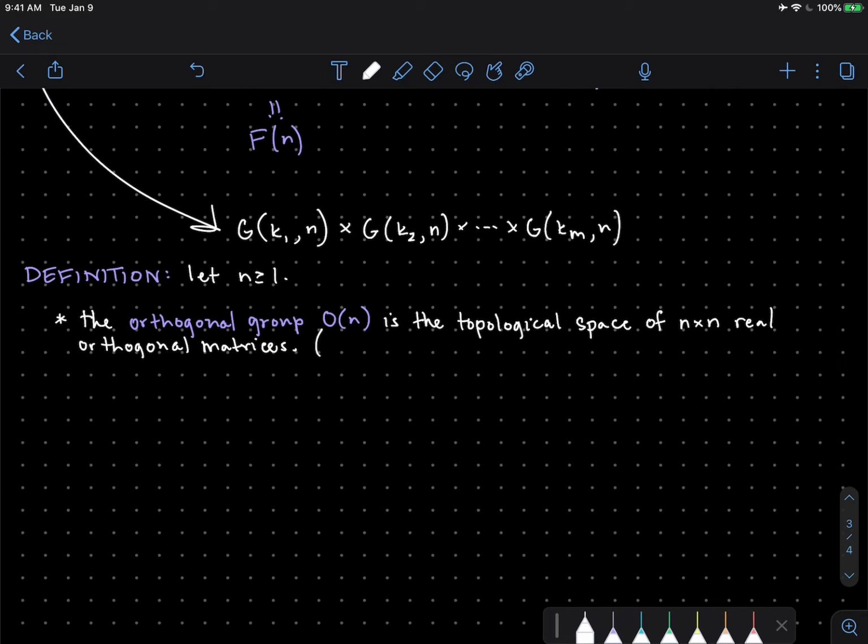Recall that a matrix M is orthogonal if the product of M with its transpose equals M transpose times M equals the identity matrix.